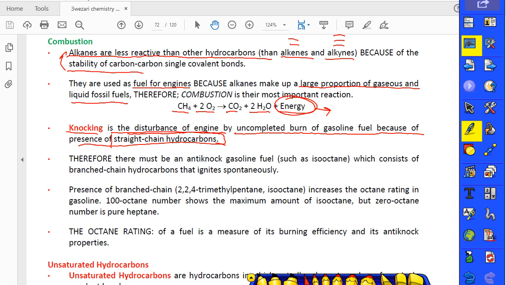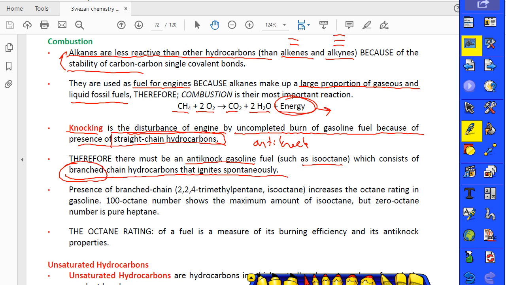So you need a different substance to produce more energy. You need an anti-knock substance. What is this? There must be anti-knock gasoline, which we can call isooctane, which consists of branched hydrocarbons that ignite spontaneously.